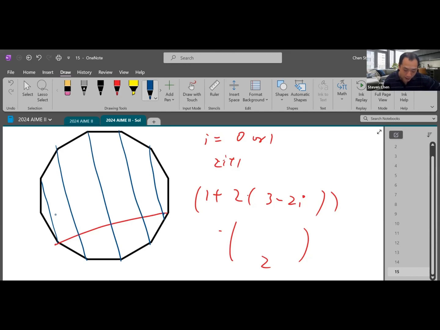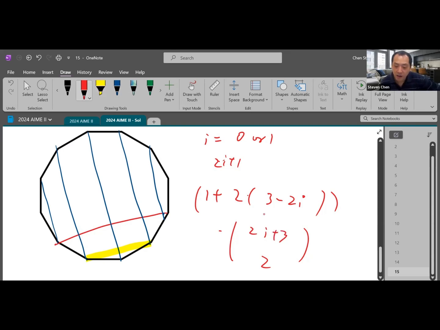You see that for i equal to 1, you have 5 possible blue lines to choose from, right? Okay, and what about i equal to 0? For i equal to 0, this is the shorter line, and we only have the middle 3 blue lines to choose from, right? Therefore, the number in the binomial term is 2i plus 3.